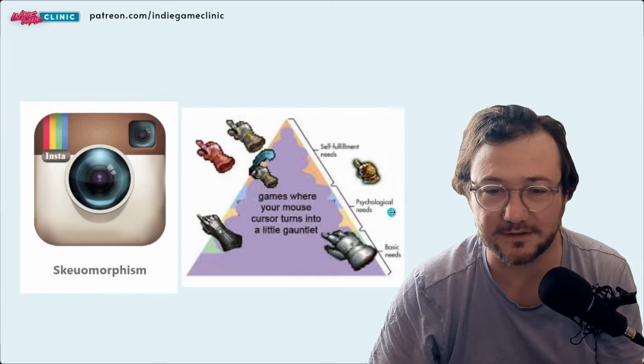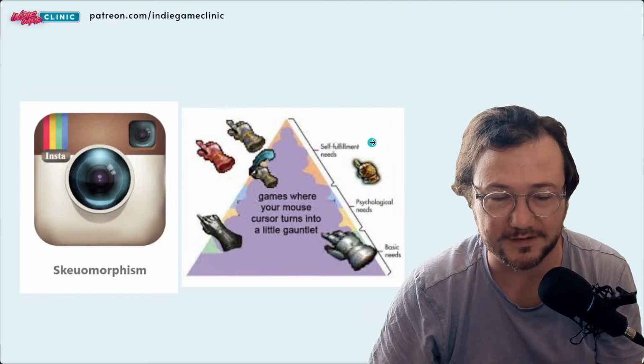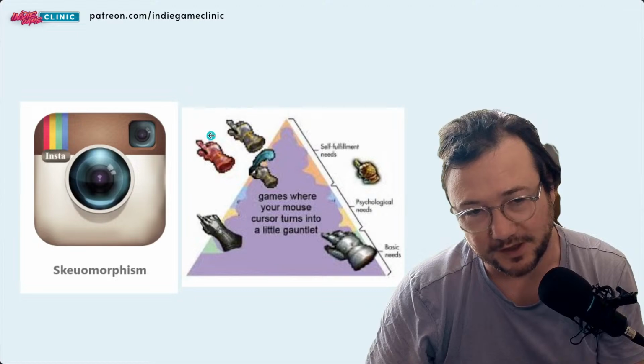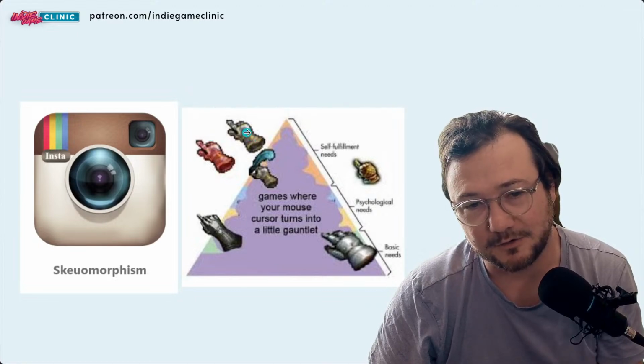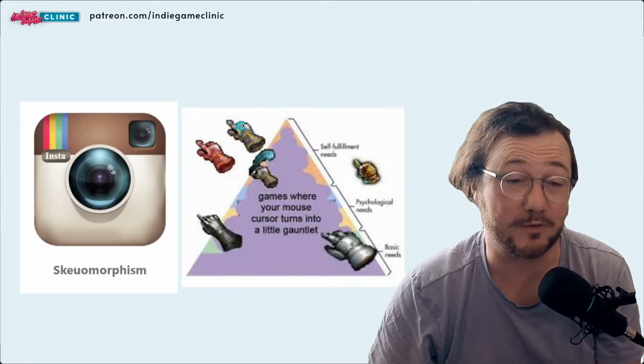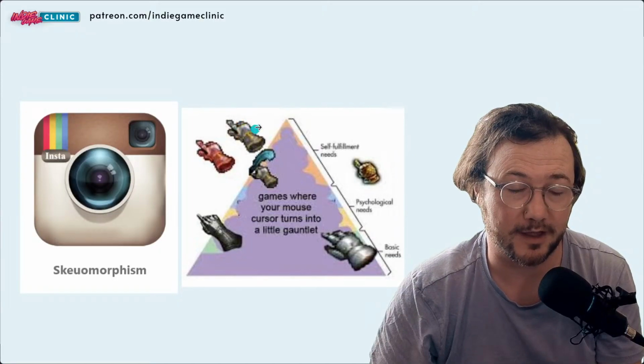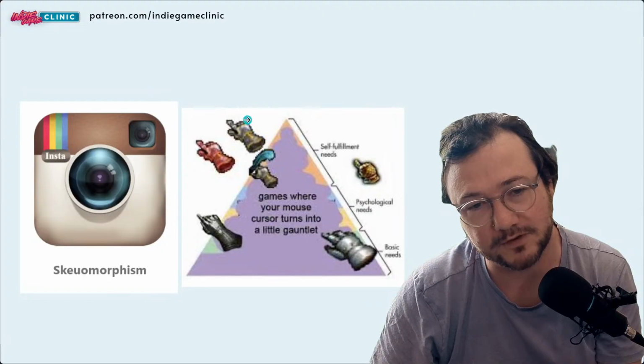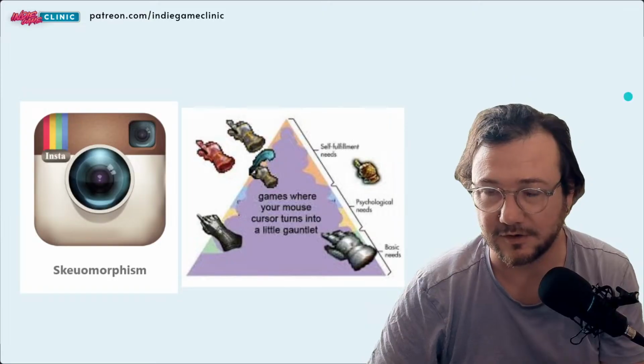Our basic needs, psychological needs, and self-fulfillment needs can all be met by having a little skeuomorphic hand to interact with the world with. I think all social media would be improved tenfold if we went back to the gauntlet pointer.